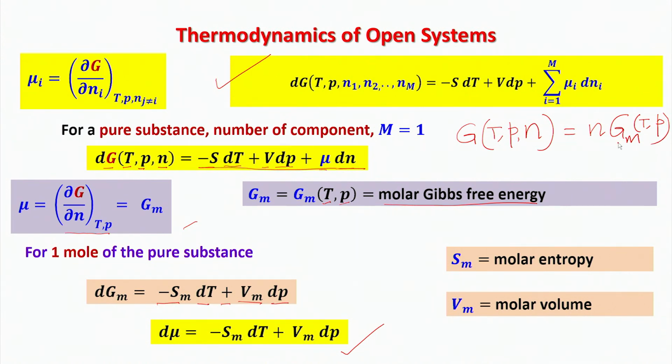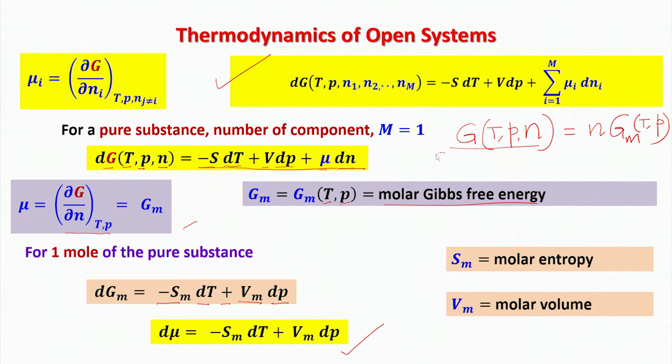So this is the relationship that highlights the fact that the Gibbs free energy for n particles or n moles of the substance is the number of moles multiplied by the molar Gibbs free energy.